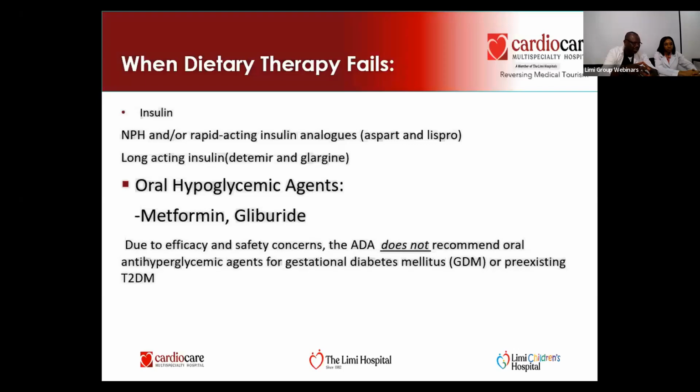There's no study that has shown it's actually teratogenic, but there's no study that has shown us that it is not teratogenic. So it's like being on the fence. So, like I said, you make your choice. But there are some environments where they cannot even have access to insulin for this patient. Patients do well. But if you should ask me, you have an option of insulin or metformin, I will simply go for insulin.